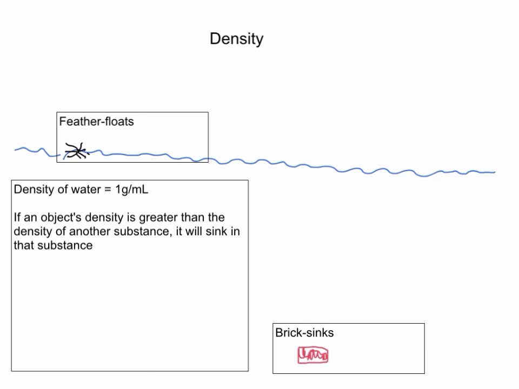And what this tells us in this instance is that the brick has a density that is greater than 1, and because the density of water is 1, it will sink. Now the feather then must have a density that is less than 1.